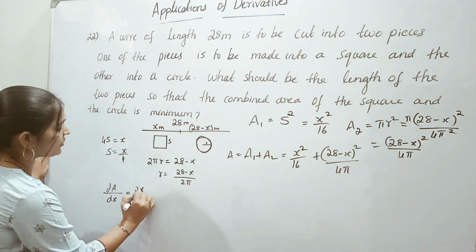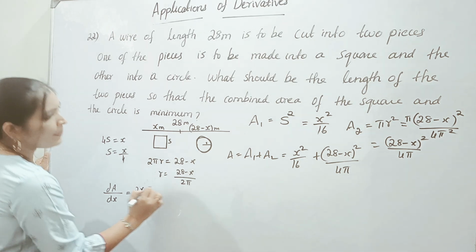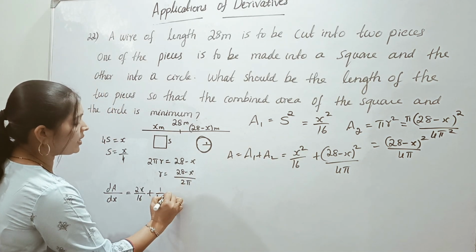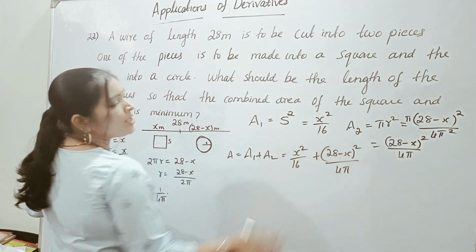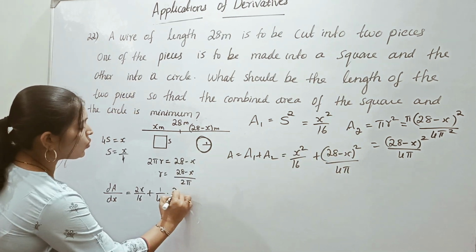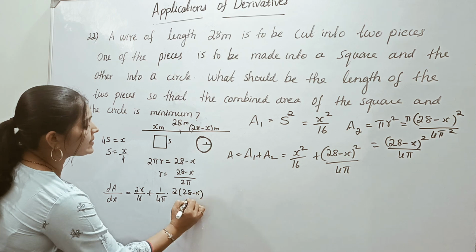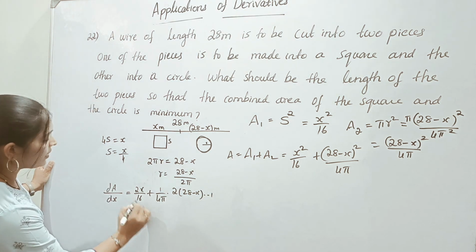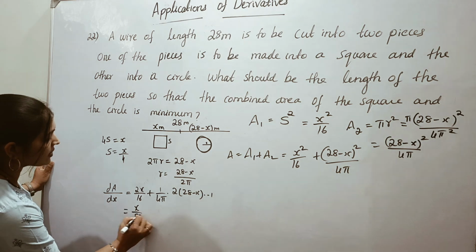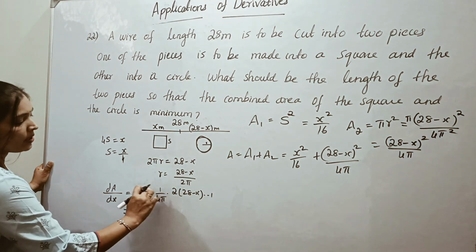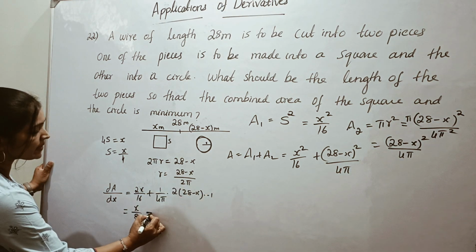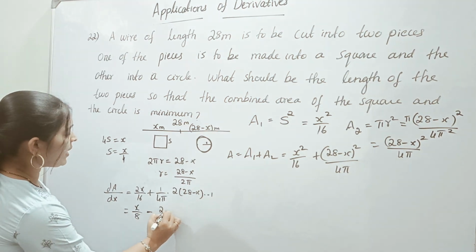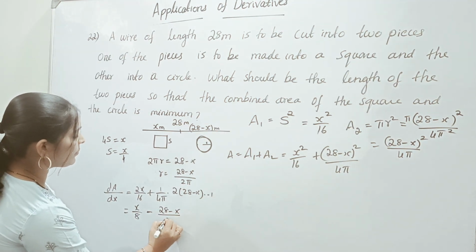So 2x divided by 16 plus, here 1 by 4 pi is constant, so 1 by 4 pi into the derivative of (28 minus x) whole square, which is 2 into (28 minus x) into minus 1. That is equal to, here 2 cancelled, so x by 8 minus (28 minus x) divided by 2 pi.